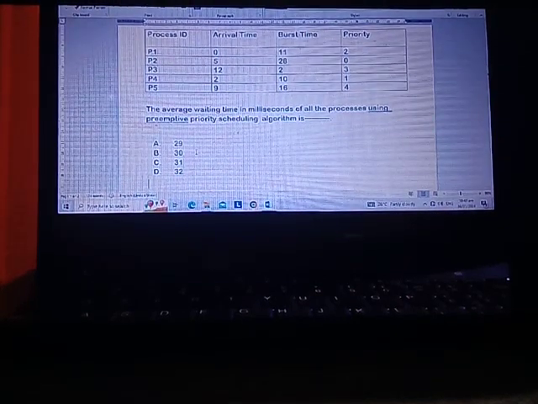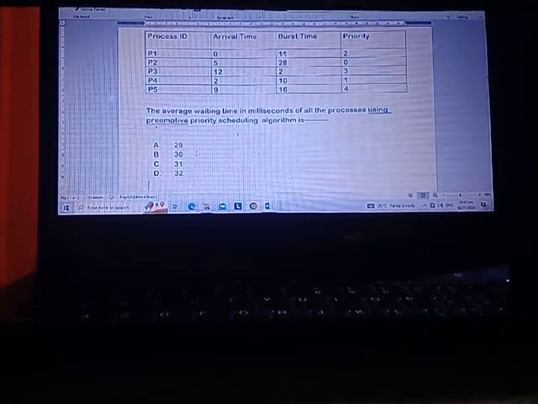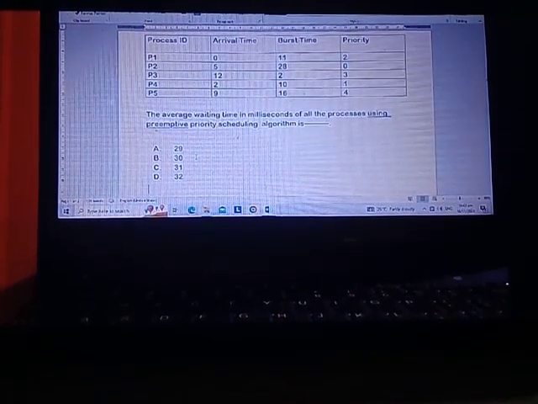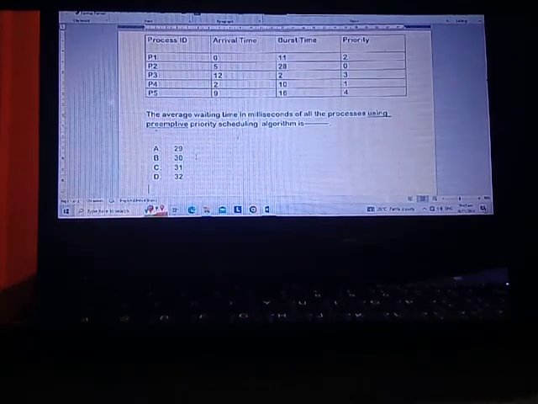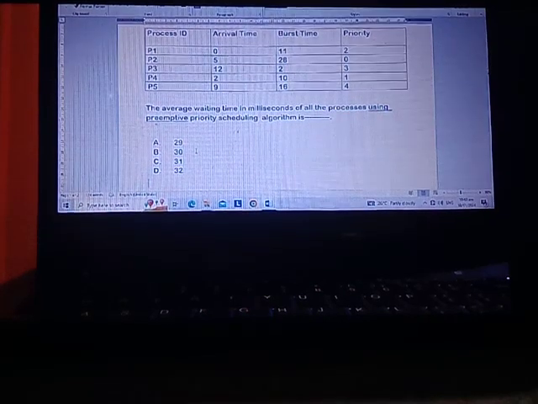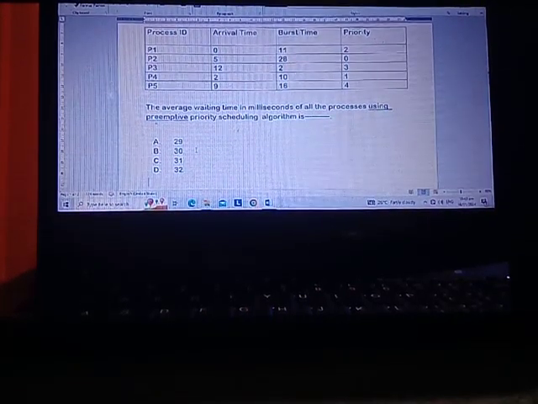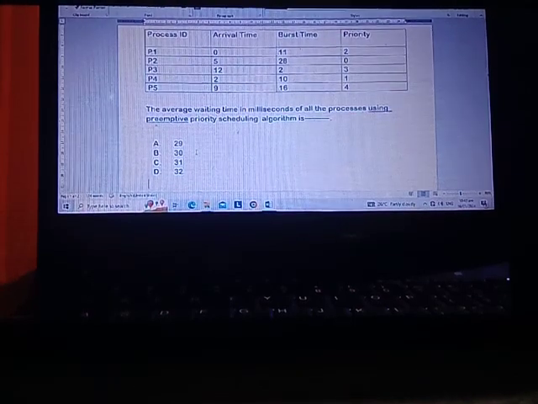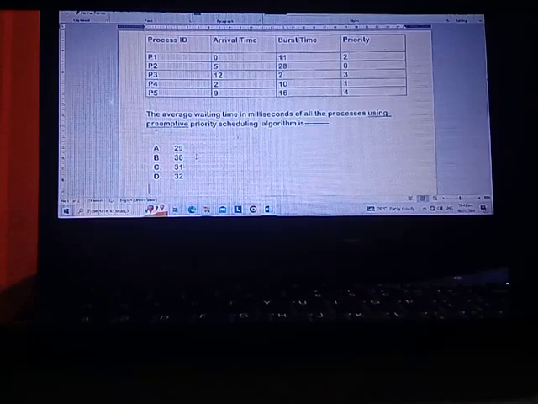So how long will P4 execute? P4 has to execute for 7 milliseconds because it has already executed 3 milliseconds before and 7 was the remaining time it has. So P4 continues its execution from 33 plus 7, which is up to the 40 milliseconds.